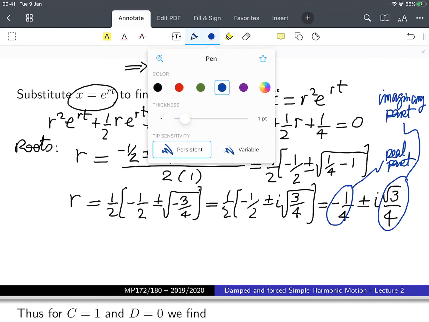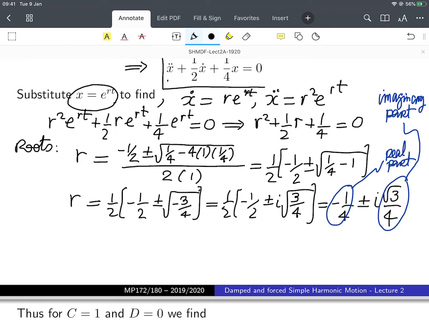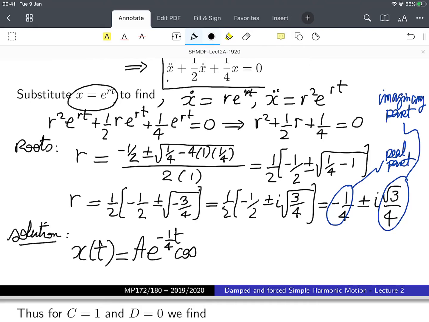So I know that the solution is simply going to be x of t is an arbitrary constant times exponential, and here I put the real part, minus a quarter t, then cos of the imaginary part, square root of 3 over 4 t, plus b, again, exponential minus a quarter t, times sine. That's my solution.